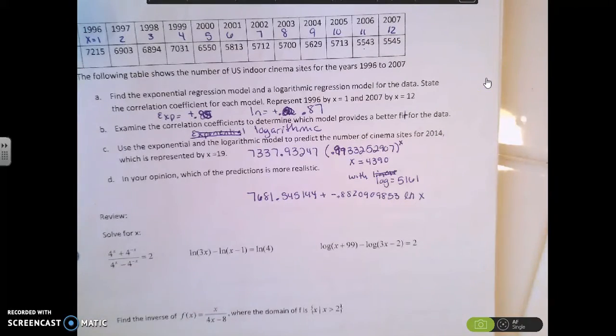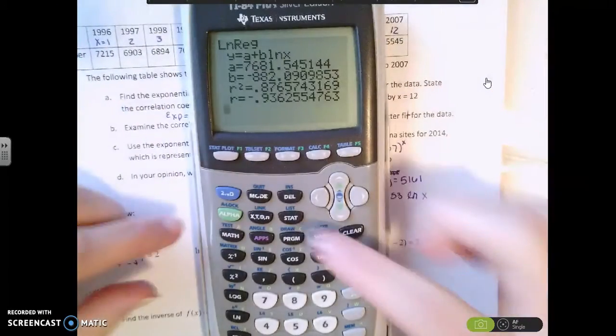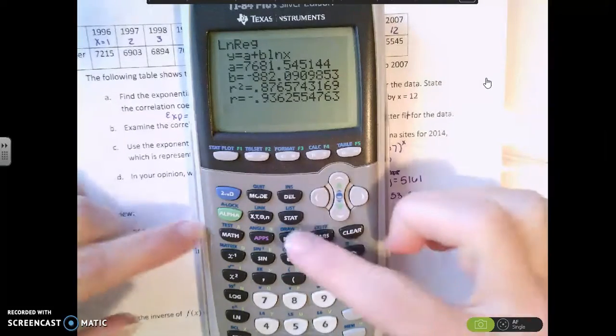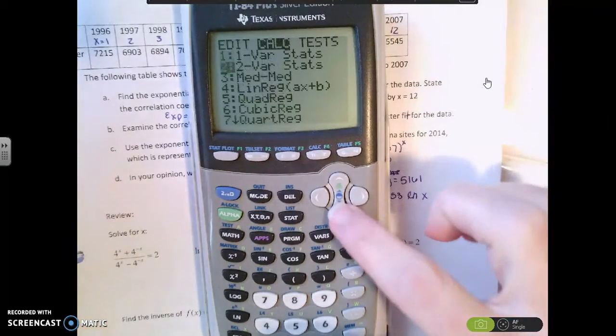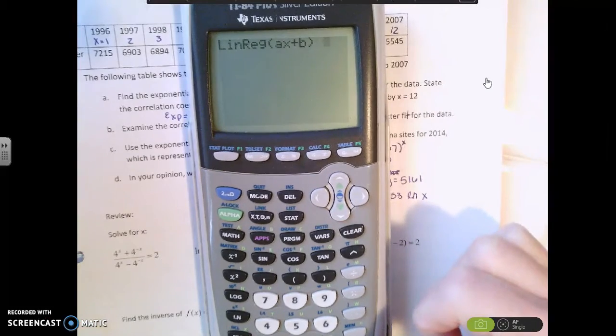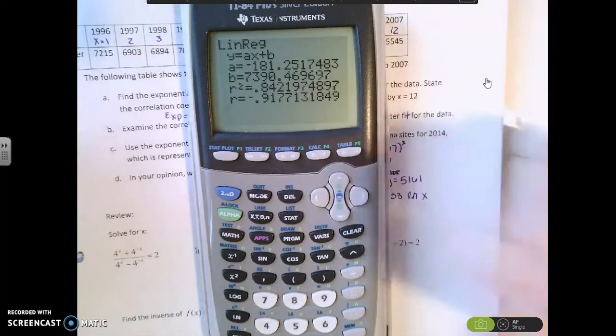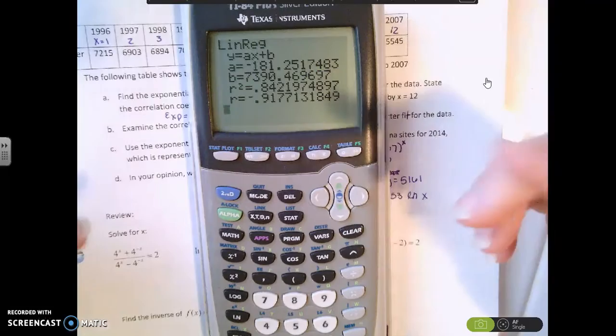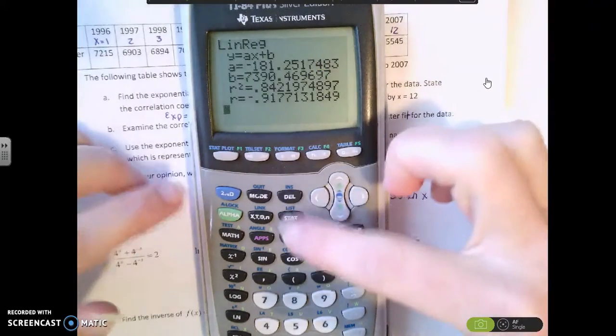So on this same problem, if I'm not sure, I can always go to Stats and look at what's the linear model. And you'll notice it's 0.84. So that's still lower than the 0.87 that I had.